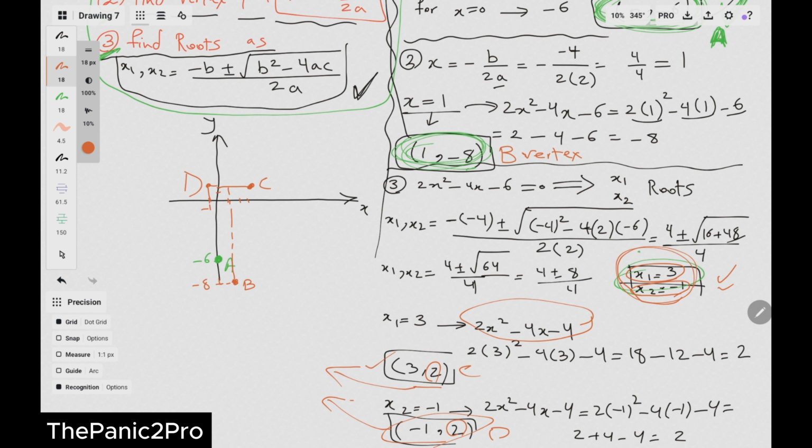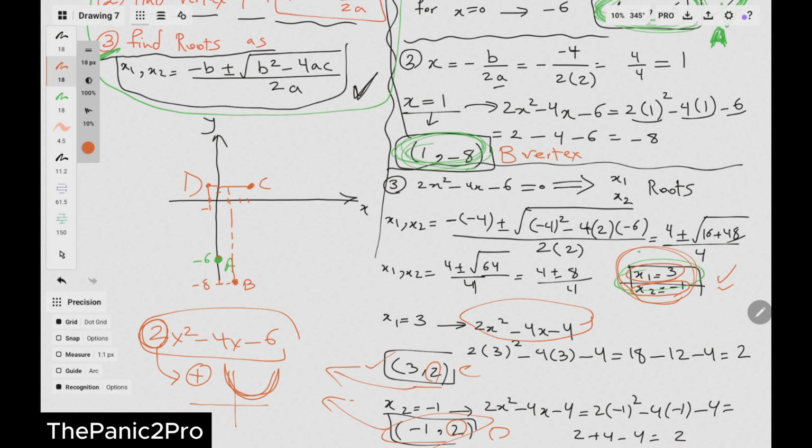Because my quadratic format was 2x² minus 4x minus 6, and the coefficient of x² is positive, my shape would be something like this, upward. And I have 4 points.